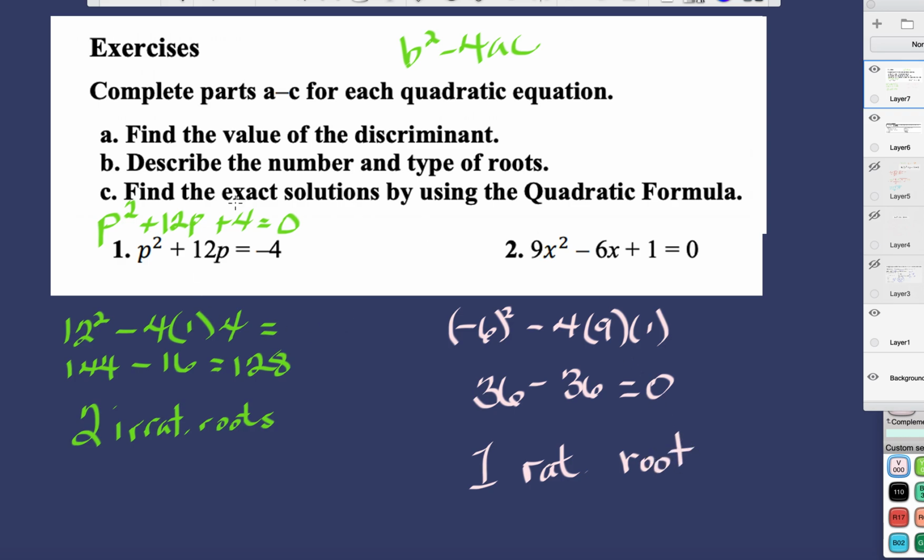And then you can put all this information in and use the quadratic formula and find those roots, but just using the discriminant to tell us, describe the number and types of roots, great. Then use the quadratic formula.